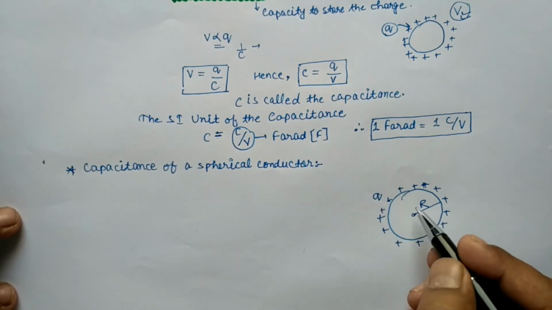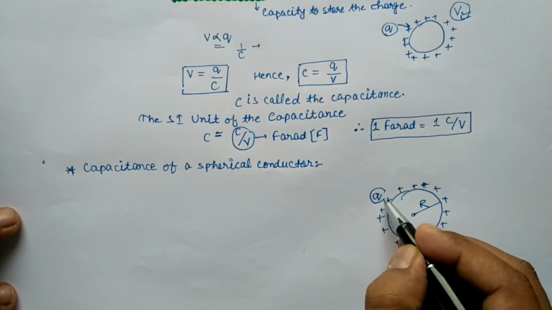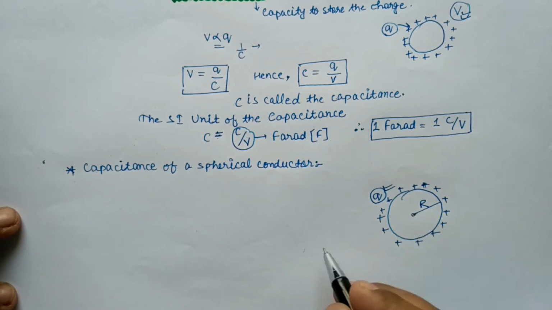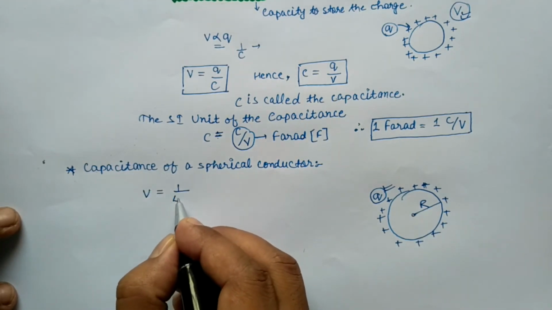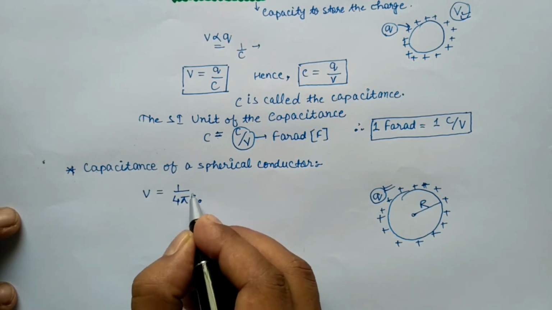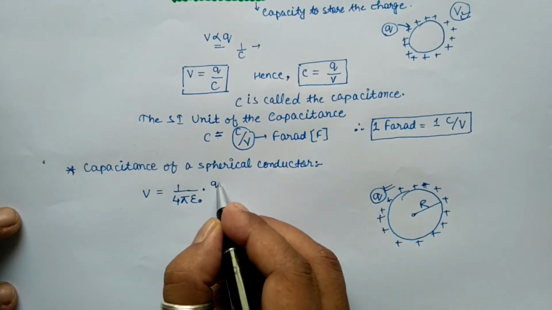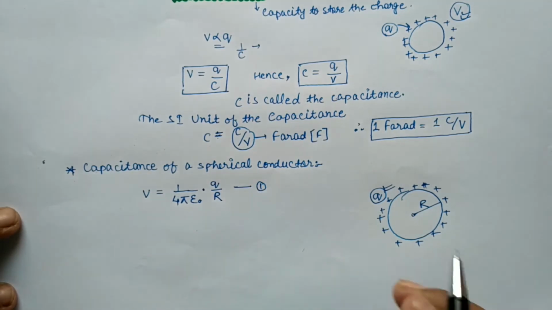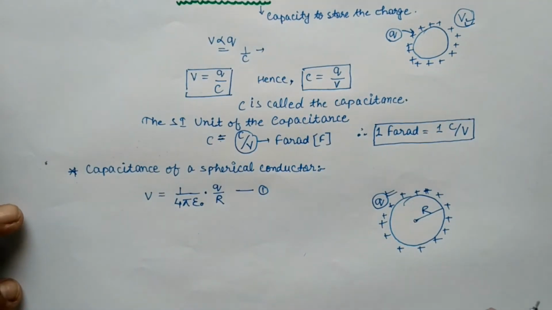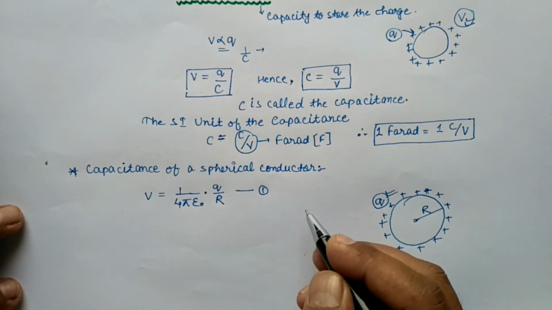Now, the potential due to this charge is capital V is equal to 1 upon 4 pi epsilon naught q by R, as you study in the chapter first.